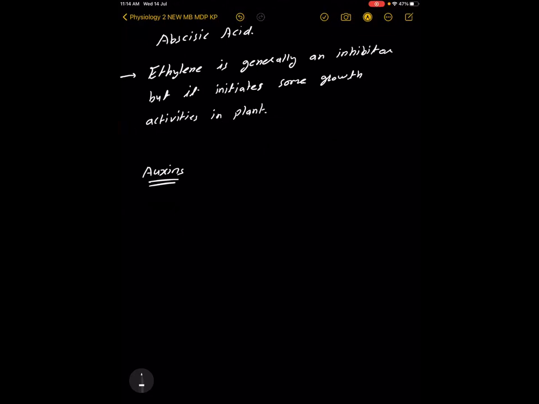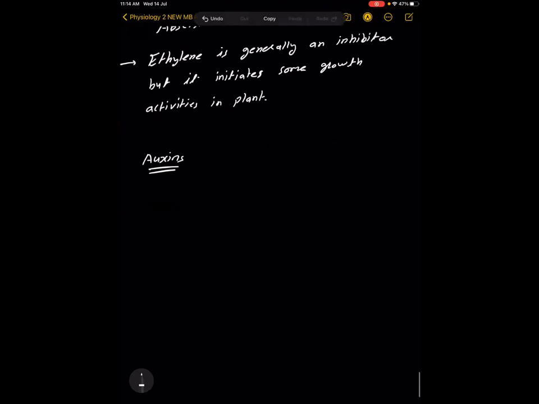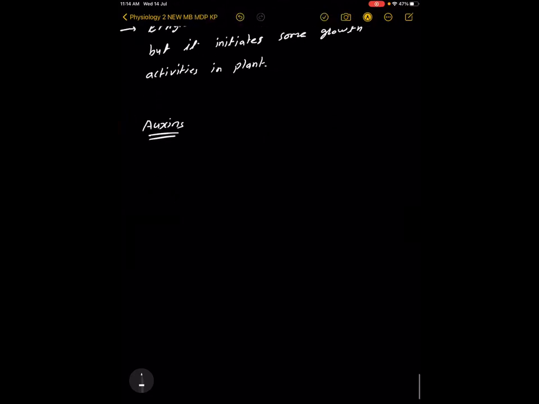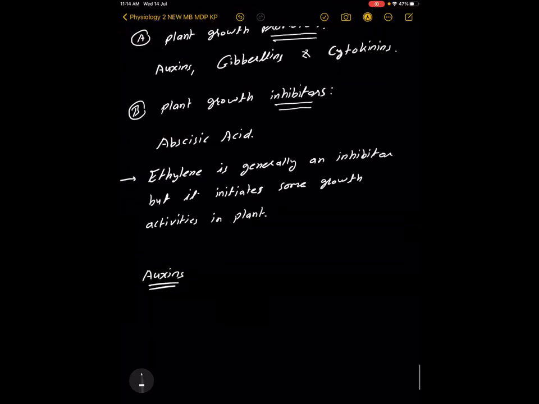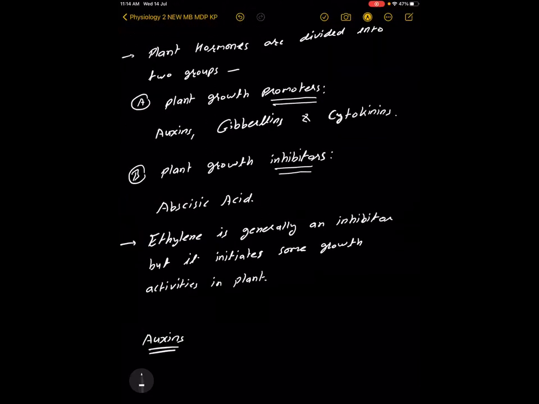First of all, there is an experiment performed by Charles Darwin and Francis Darwin. They studied canary grass, Phalaris canariensis.